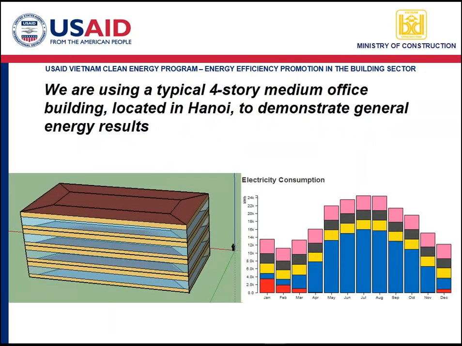Okay. Now we're going to use a typical 4-story medium office building here. The original building has 5 zones. We're using perimeter zones 5 to 6 meters in from the wall, plus a core zone in the center. The core zone has no exposure to the outside except at the roof.